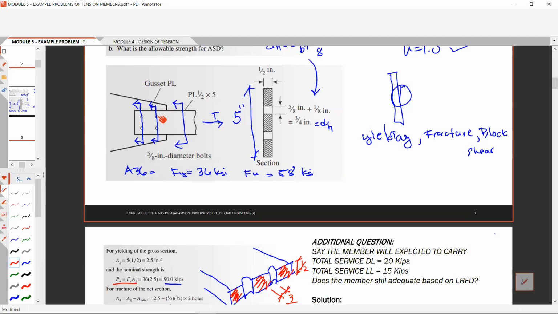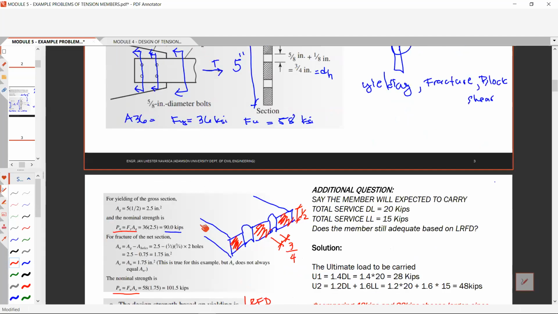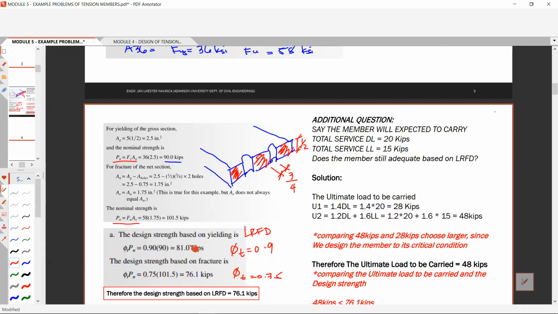So which do you think will happen first, based on yielding or based on fracture? That is why we will use the smallest of the two. Since 81 kips, the 76.1 kips is already there.